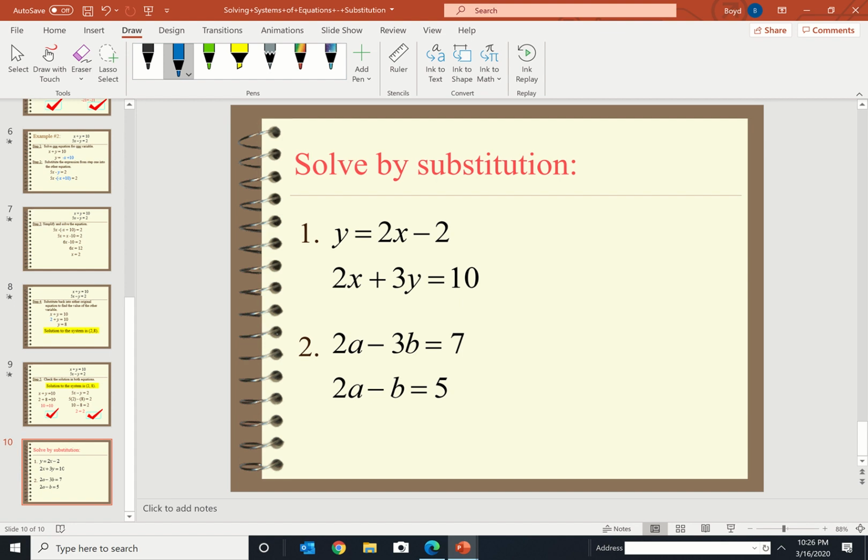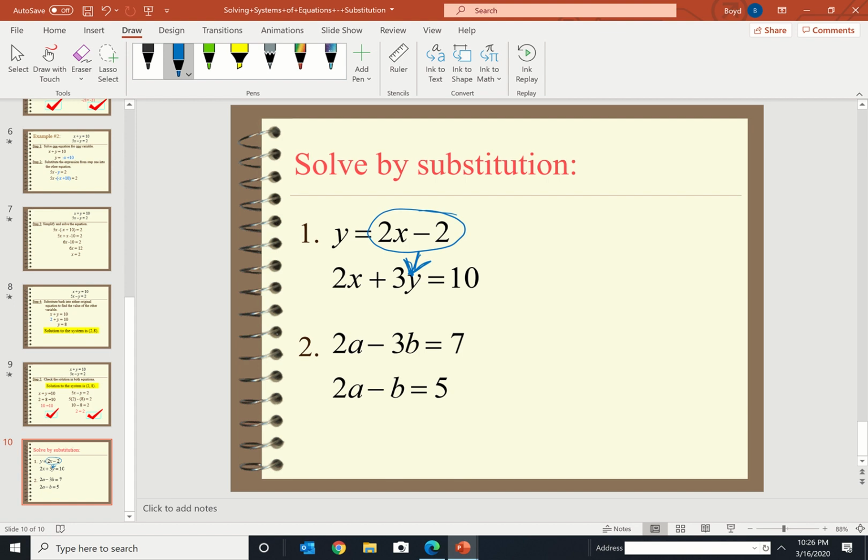In this case, it was already here where we know what y is equal to. y is equal to 2x minus 2. Because I know that, I can plug it in the place of y. That literally means wherever I see a y, I can write 2x minus 2.